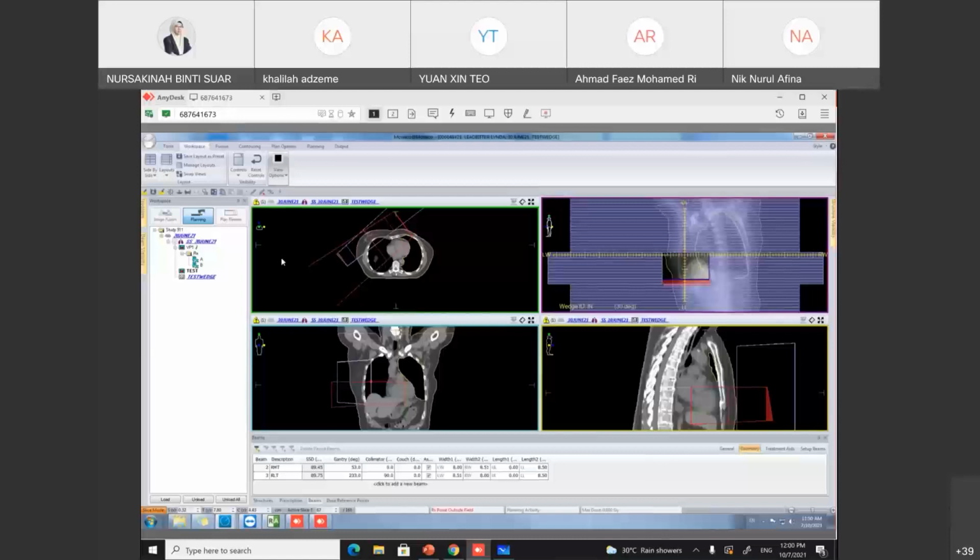Because just now what I highlighted here, we want the thick end at the outward of the breast. So I need my wedge angle to be like this, as in the purple color.